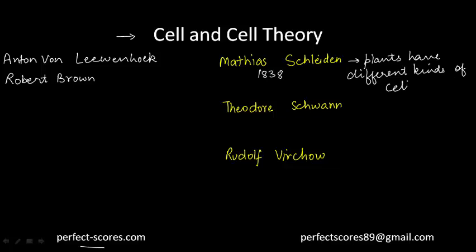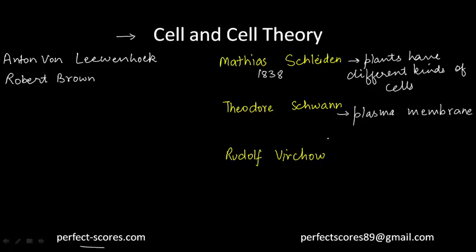And then the second person was Theodor Schwann. He was a British zoologist, and approximately around the same time he studied different kinds of animal cells, and he reported that the cells have a thin outer layer, which today is known as a plasma membrane. So he was the first one to identify this thin layer known as the plasma membrane.